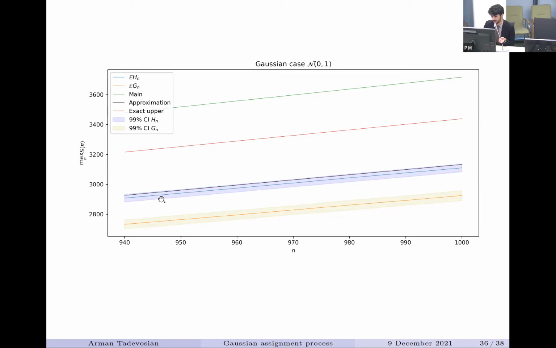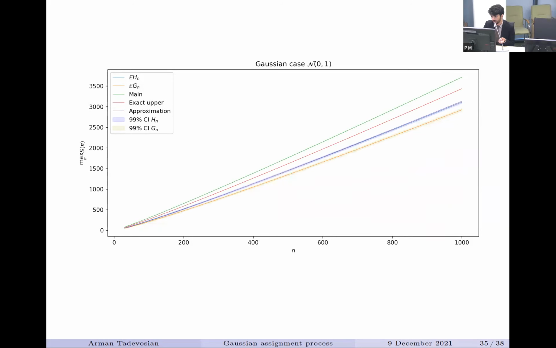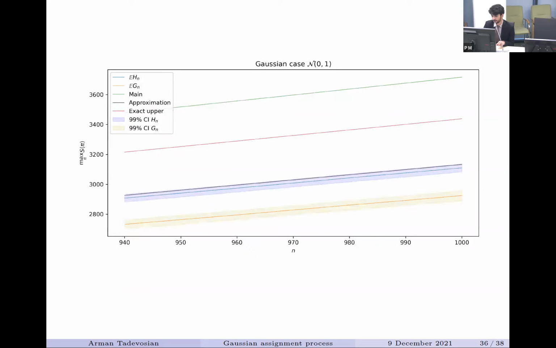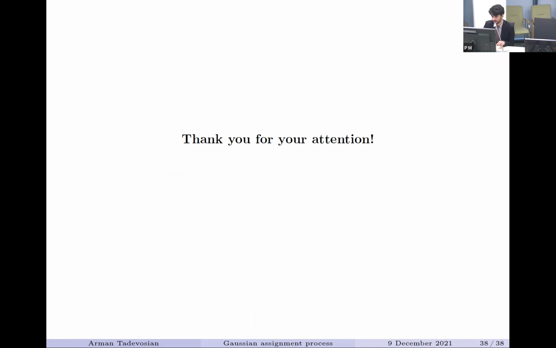So we can see that on a linear scale they are quite near, and on the logarithmic scale we can see that our upper and lower bounds are actually good in order to approximate the ground truth, which we think is the Hungarian algorithm here. Thank you for your attention.